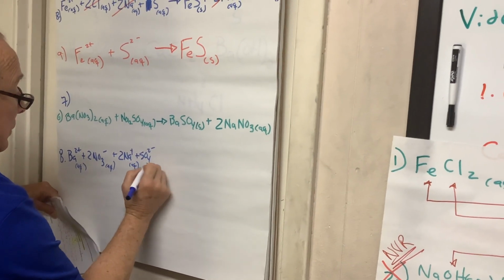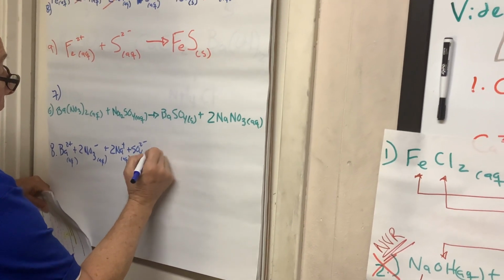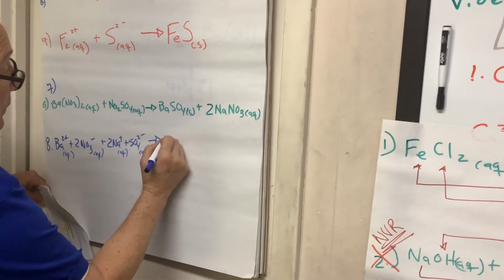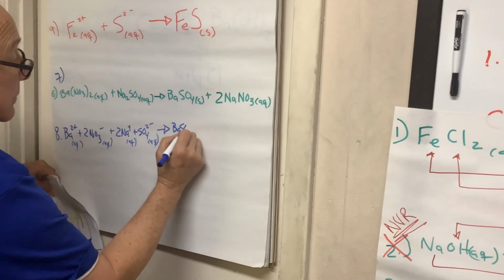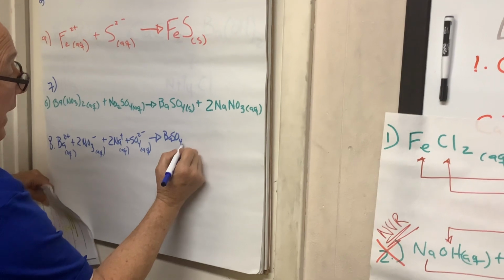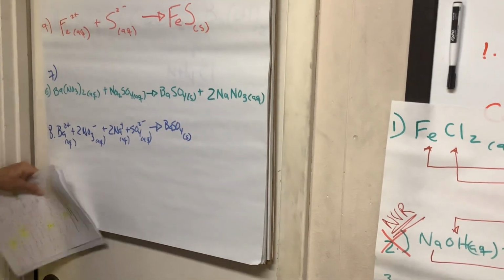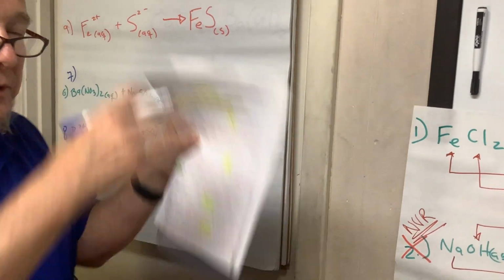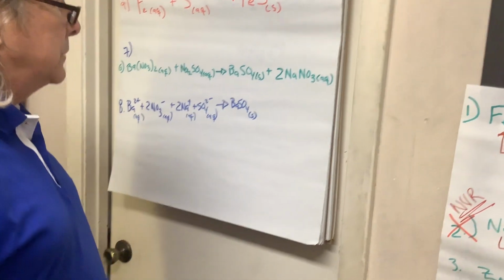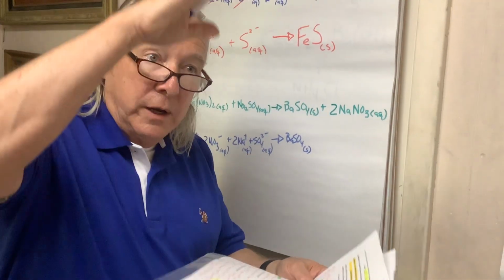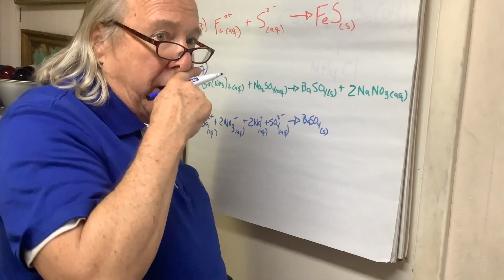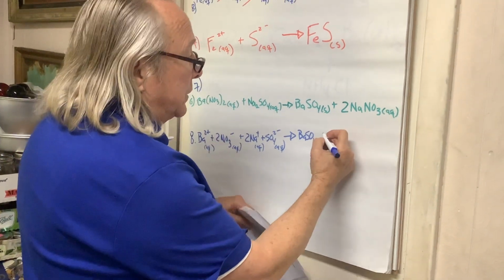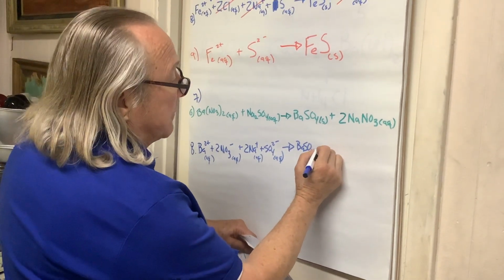All aqueous. And they react to form the insoluble barium sulfate that precipitates out. I mix these two solutions together and it instantly turns cloudy and precipitate. I wait long enough and you can see it settle down to the bottom and coat the bottom of the test tube or the beaker or the flask.